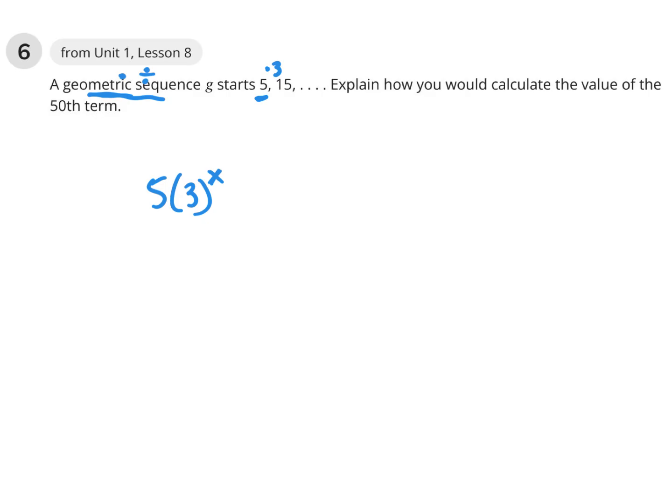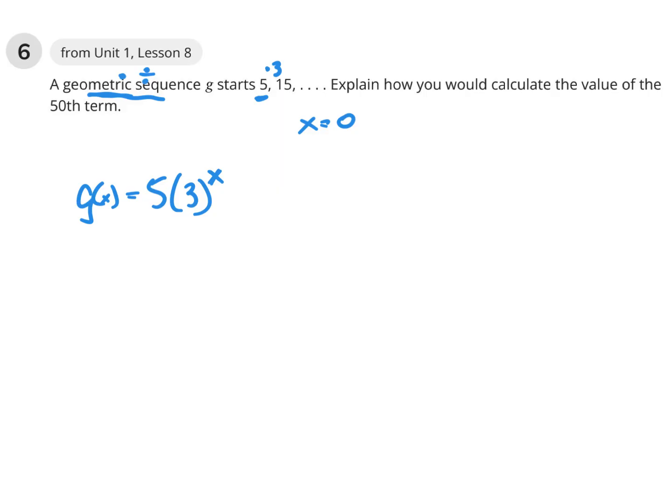Now, here's the thing with sequences, what people get thrown off on. If x equals 0, then this is good. But if you're starting your x at 1, if you call 5 the first term and not the 0th term, then let me do this in a different color to be clear.